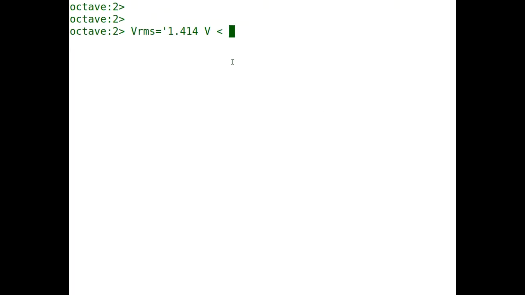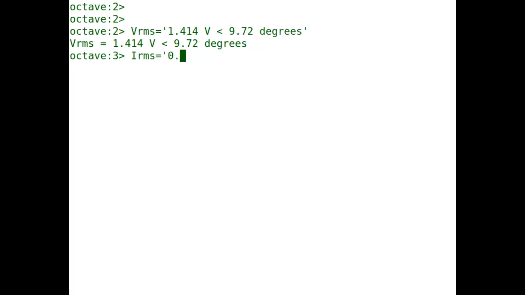9.72 degrees. All right, and then IRMS was 0.7071 milliamperes.